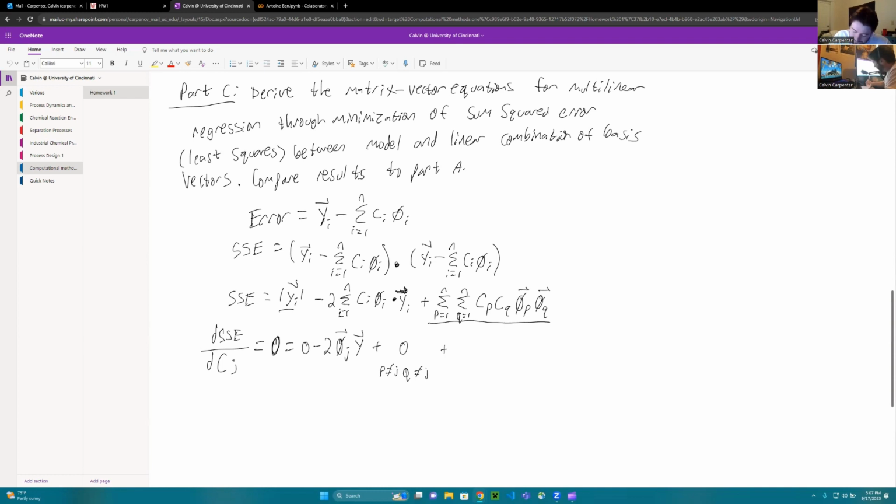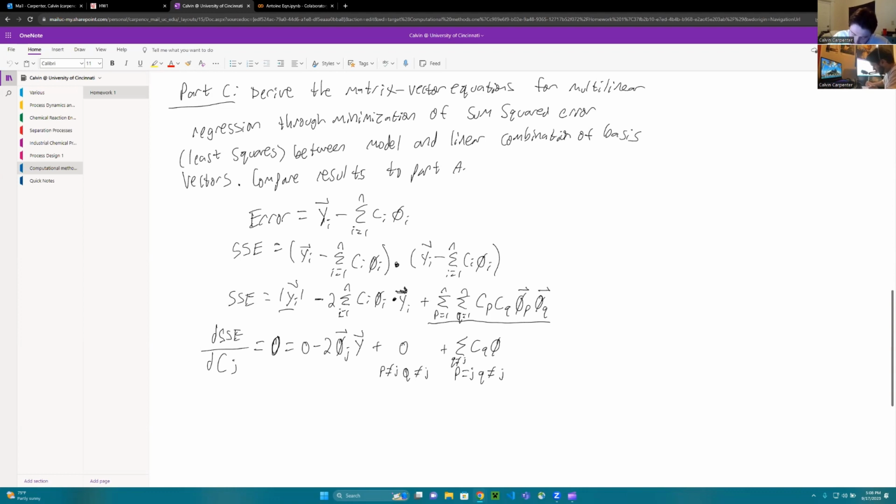And then we'll have p is equal to j, but q is not equal to j. And in that case, we will have the summation for q is not equal to j of cq phi q phi j.